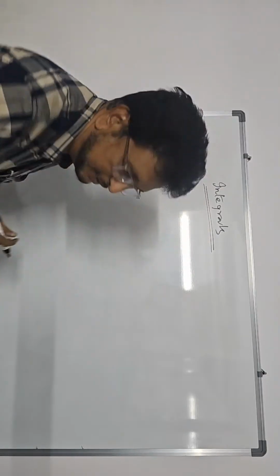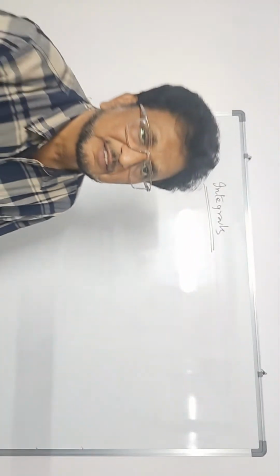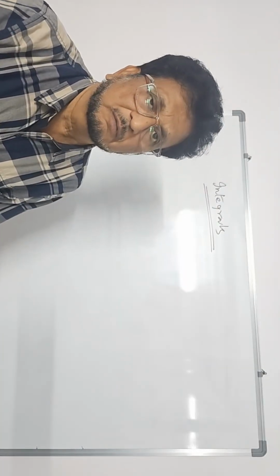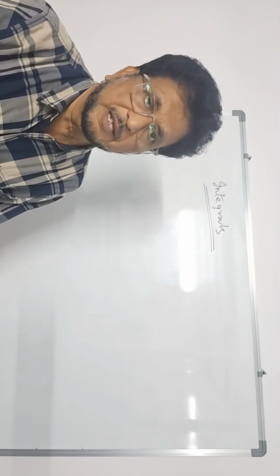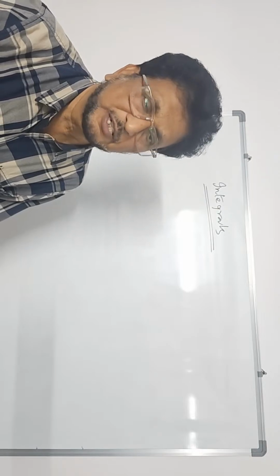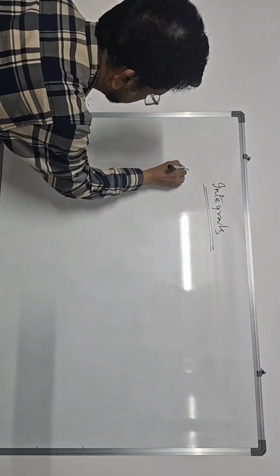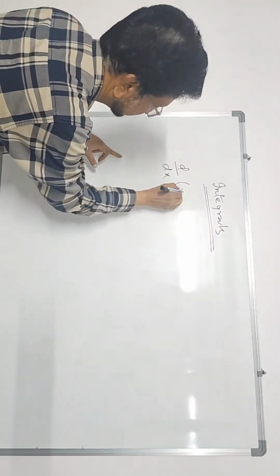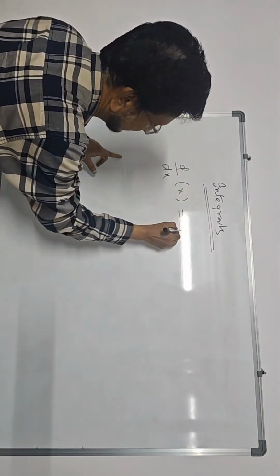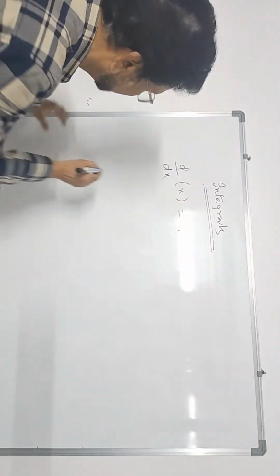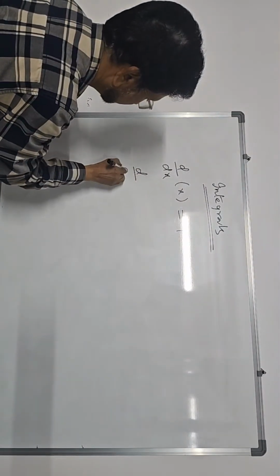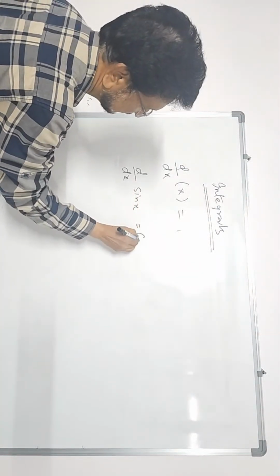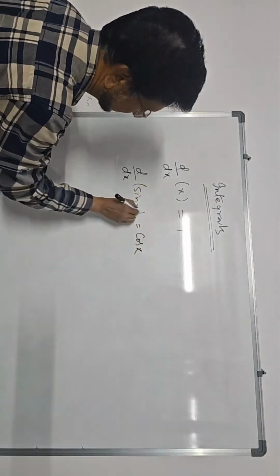Students, we have studied differentiation in the first year, d by dx of some known algebraic expressions. For example, d by dx of x we have taken as 1. D by dx of sin x we got as cos x.